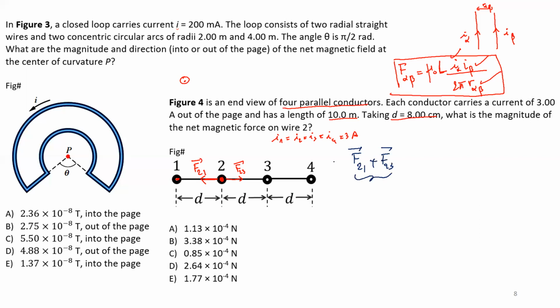Let's calculate F net on 2. F21 plus F23 plus F on 2 by 4, so F net on 2 is just F24. Now what's F24? It's an attractive force, so F24 will be like this.